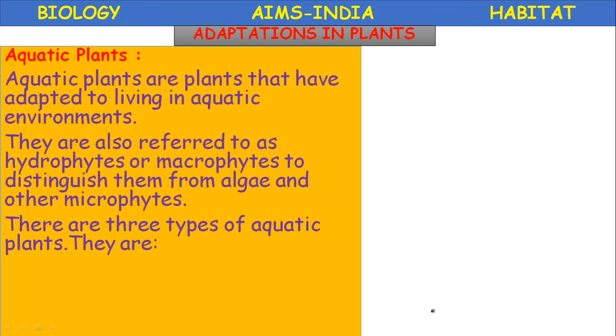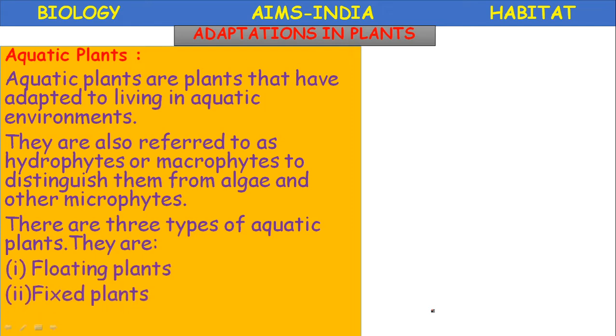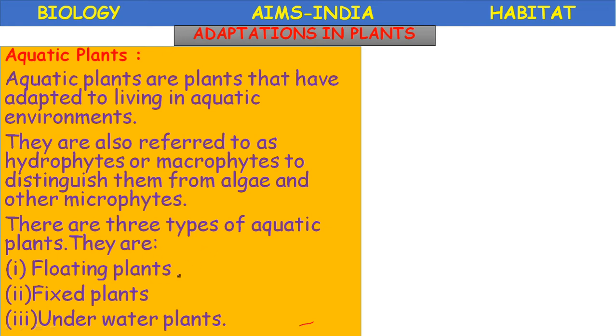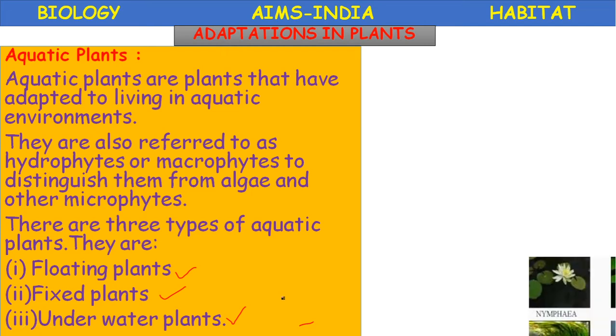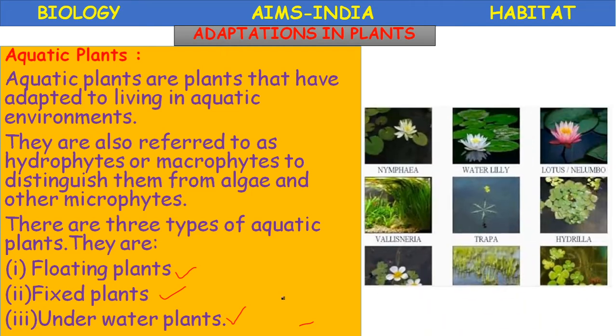There are three types of aquatic plants. What are they? Floating plants, fixed plants, and underwater plants. What are the three types of hydrophytes? Floating hydrophytes, fixed hydrophytes, and submerged or underwater hydrophytes.